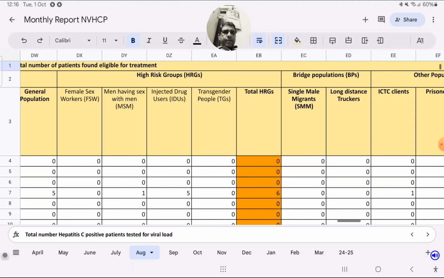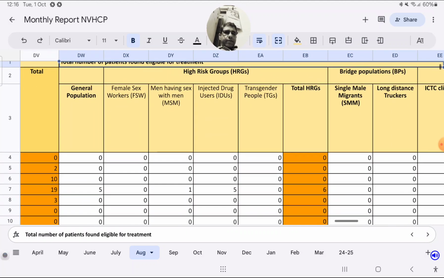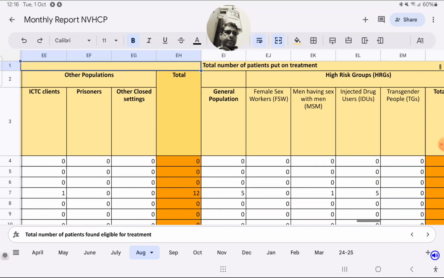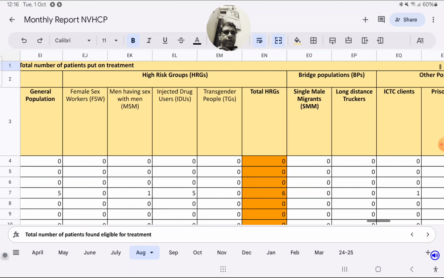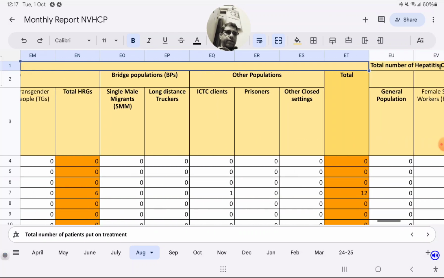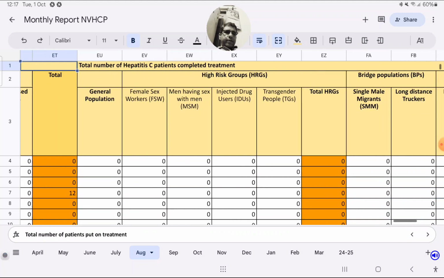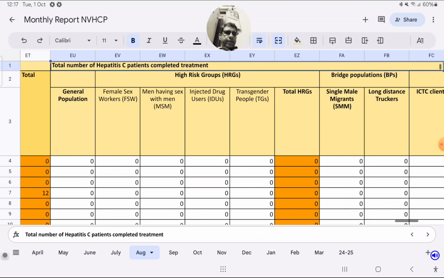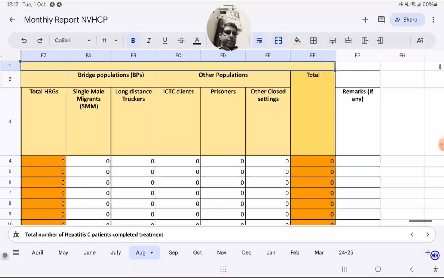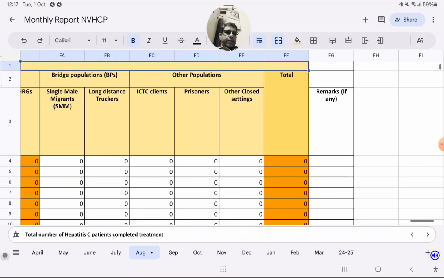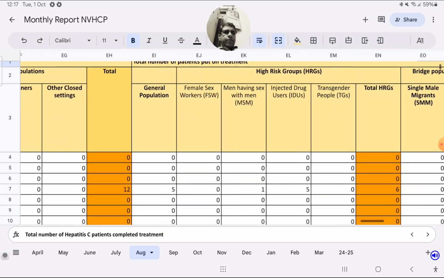Total number of patients found eligible for treatment, categorization in a similar manner. Total number of patients put on treatment, categorization in a similar manner. Total number of hepatitis C patients completed treatment, categorization in the same manner. So this is the whole thing.